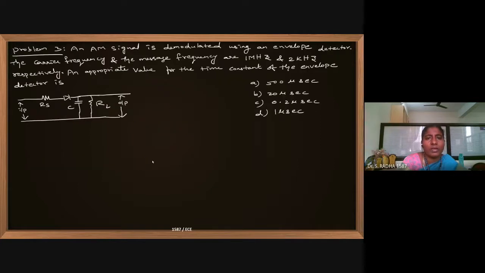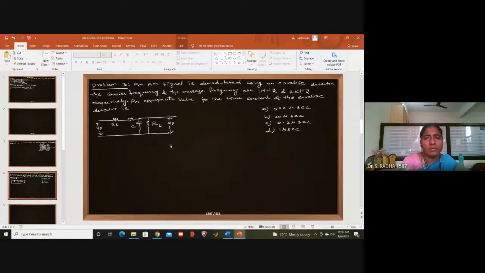Okay, now coming to the last question. An AM signal is demodulated using an envelope detector.